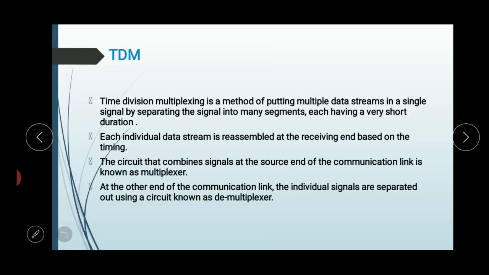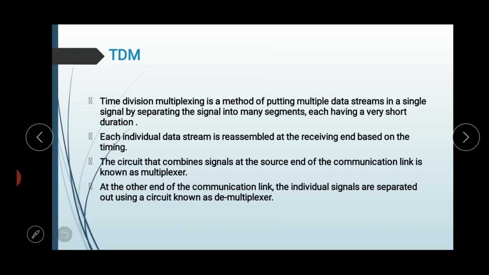division multiplexing. So, in case of time division multiplexing, the complete channel bandwidth is allotted to one user for a fixed time slot. One may need to differentiate between the various signals for proper data transmission.